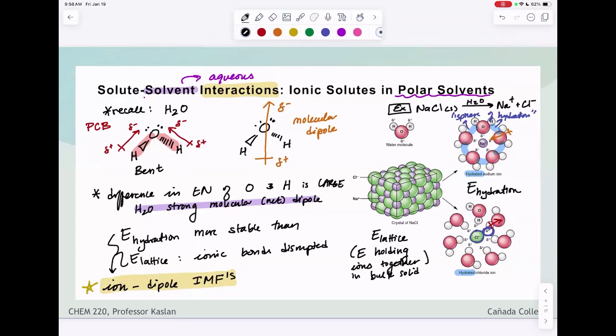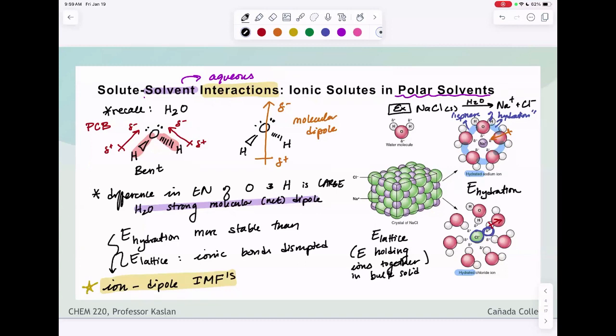But for now, this is a good recap of intermolecular forces, the role that they play in the process of dissolution, and also understanding why water in particular, a very strongly polar substance, can dissolve not just other polar substances, but also ionic solutes, for example, sodium chloride.